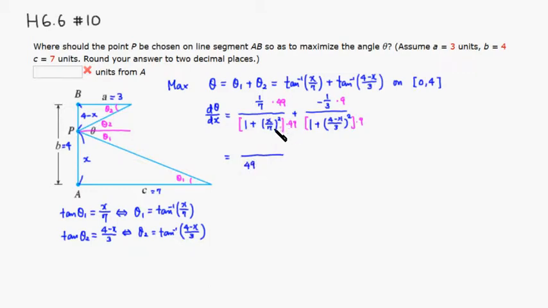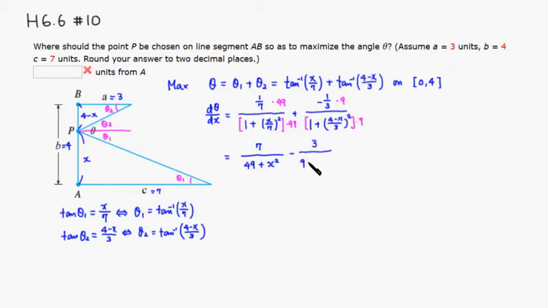So 7 squared is 49, cancels out, so you're just going to get x squared. Then 49 divided by 7 is just 7. On top, I'm going to put the negative sign in front. 9 divided by 3 is 3, and 3 squared cancels out, so you're going to get 4 minus x squared.